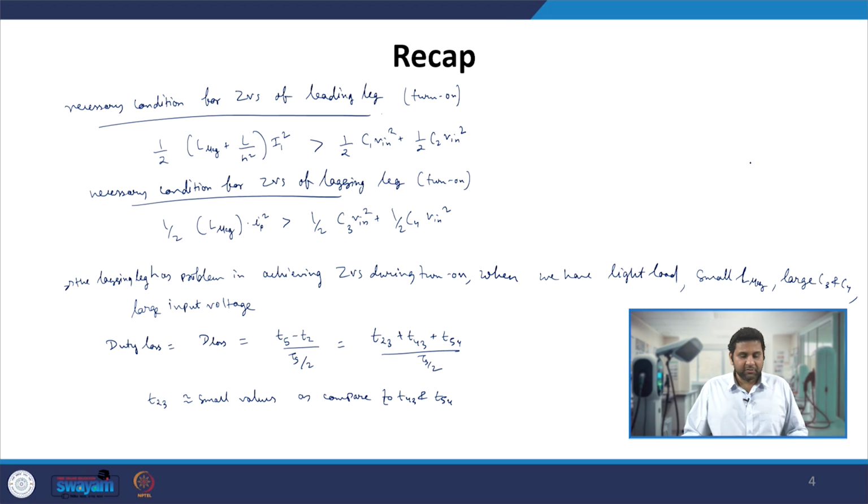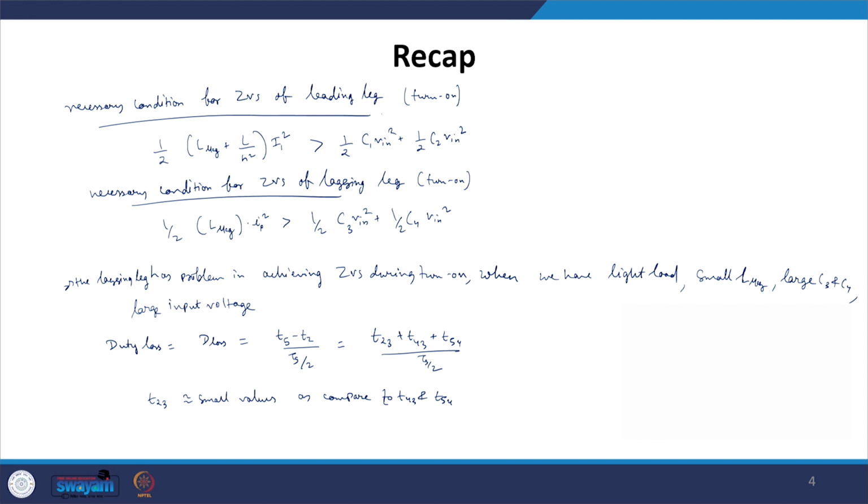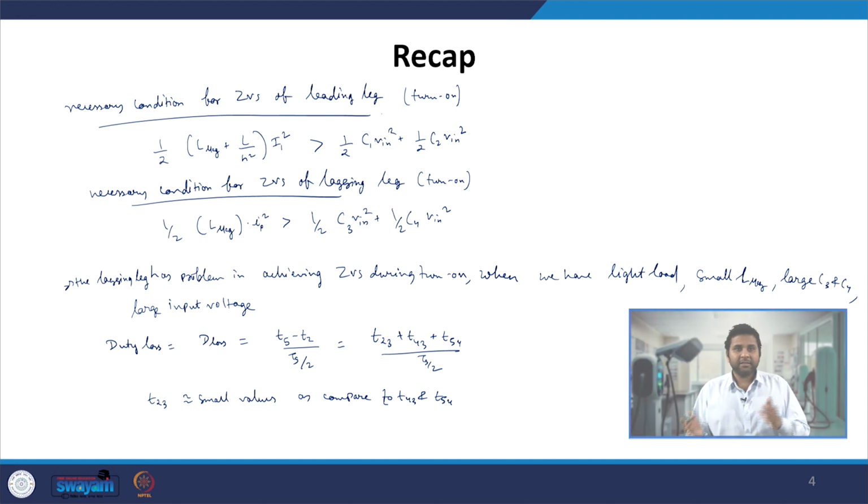Similarly, we have also seen what is a necessary condition for the ZVS to happen for the lagging leg switches and the leading leg switches, during the turn on period. We have seen that for the leading leg it is the output inductance, which is very large in value, that is coming in series with the L leakage, and I1 is the current reflected from the output inductor.